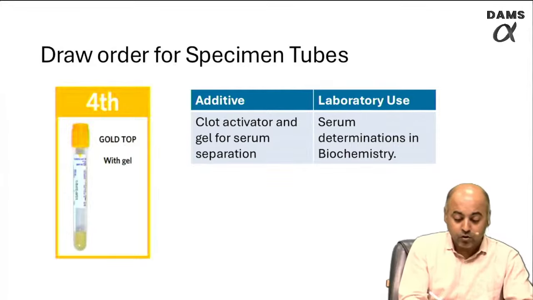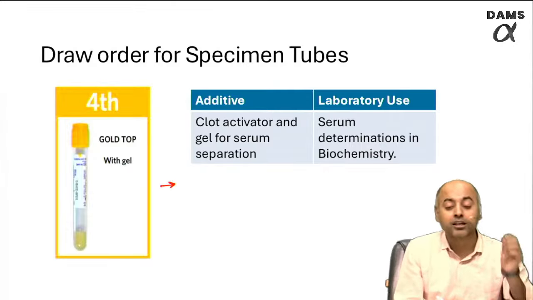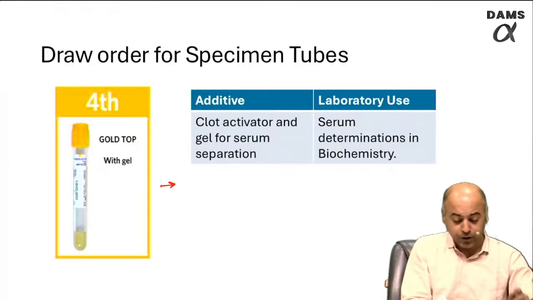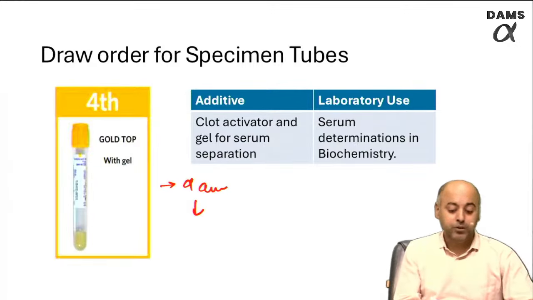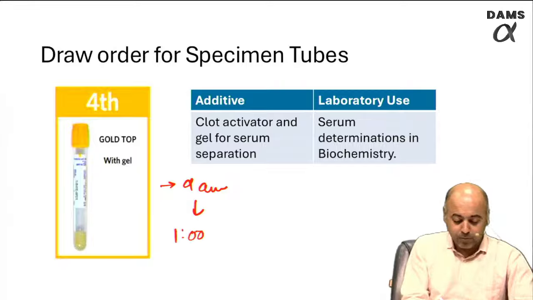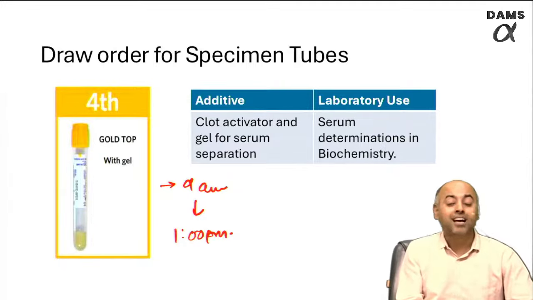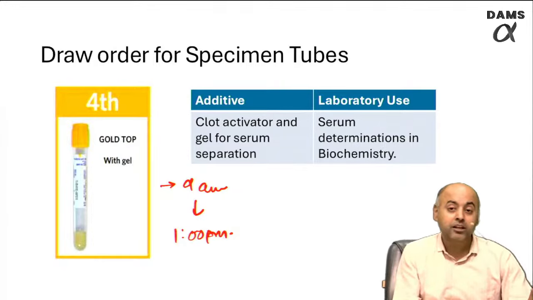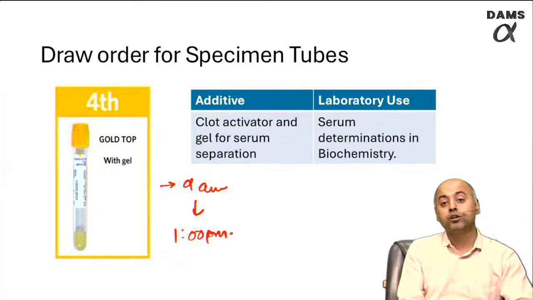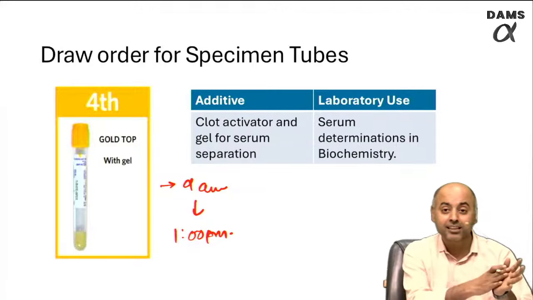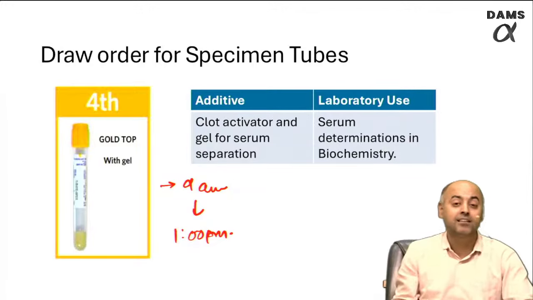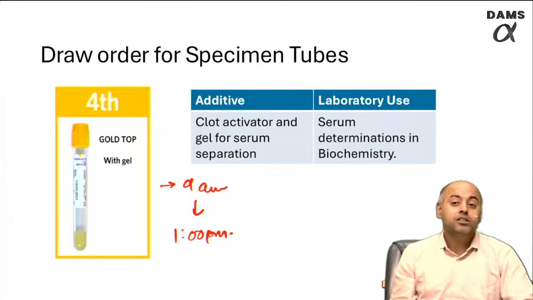For example, you have a lab or a collection center where the collection is happening at 9 a.m. but you dispatch the samples to the lab at maybe 1 p.m. or sample collection is happening at a very distant location, 100 kilometers, 200 kilometers, 300 kilometers away, and then it has to be transported to a centralized testing facility. In those cases, what will happen?